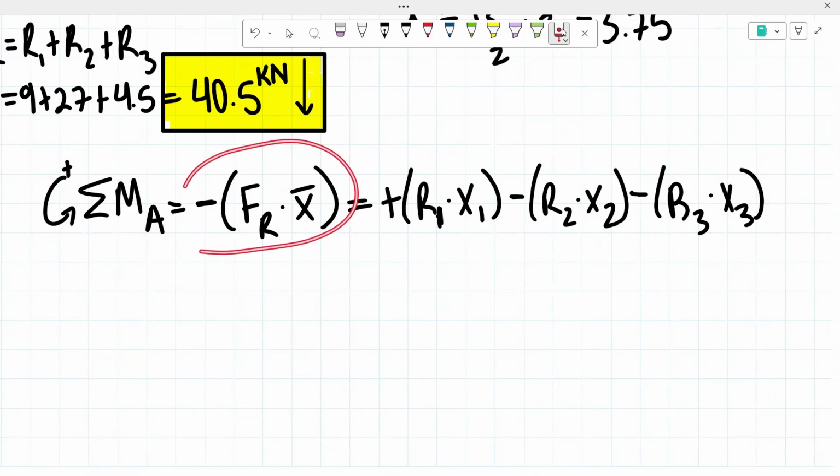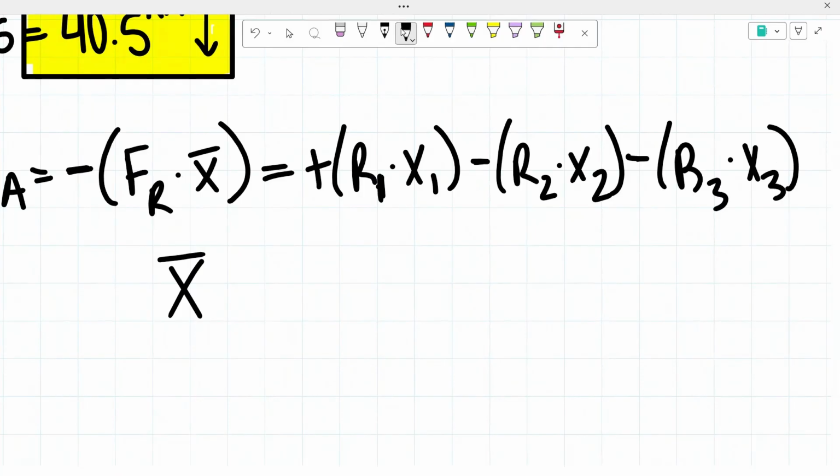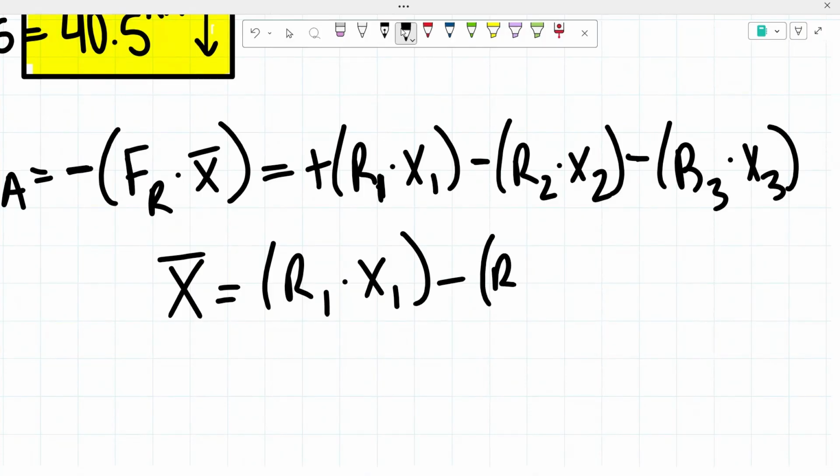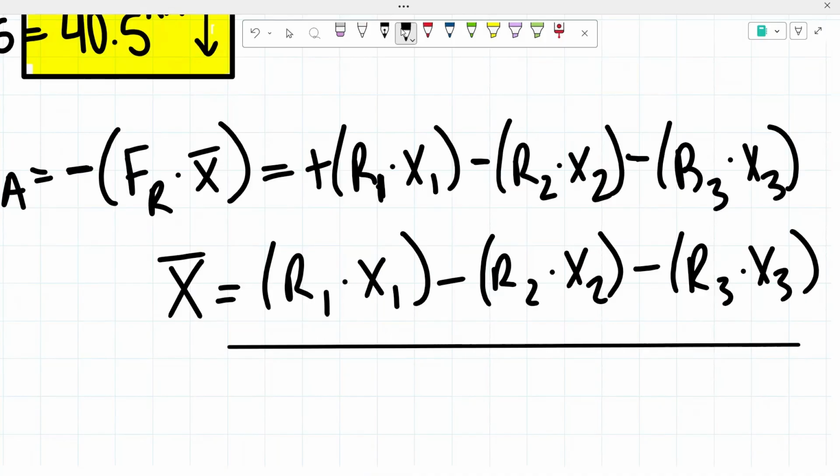We're rewriting this in terms of just the location of the resultant force, which should give you something like the location of the resultant force is equal to R1 times X1 minus R2 times X2 minus R3 times X3 all over our negative resultant force.